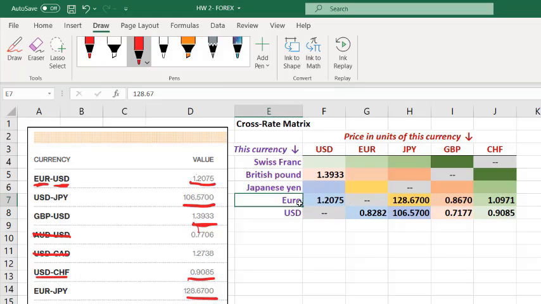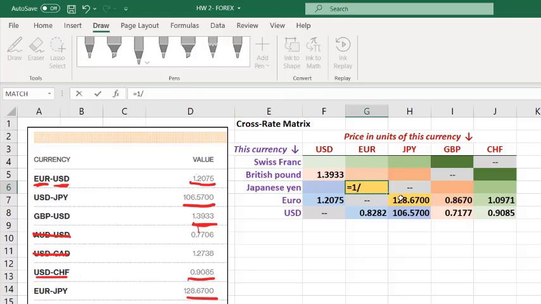All right, we got the euro here priced in terms of Japanese yen. What would the Japanese yen in terms of euros be? Well, that would be 1 divided by the Japanese yen price of euro. So a Japanese yen is priced at 0.0078. So not even 1 euro cent.